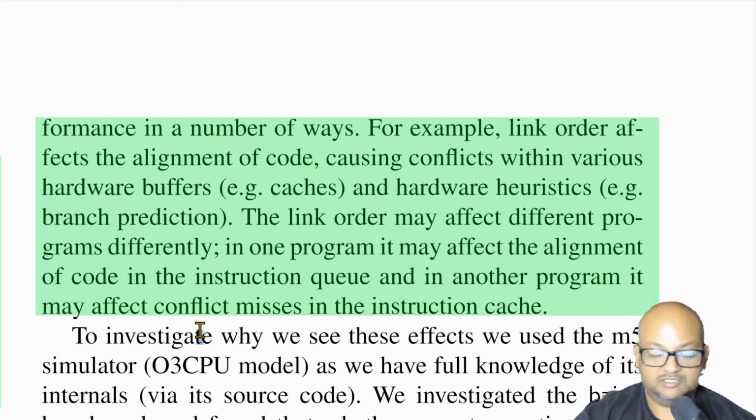But as the authors point out later in the paper, one of the problems with accurately verifying this hypothesis is that the processor doesn't give you enough low-level performance debugging information to say for certain that this is the case.